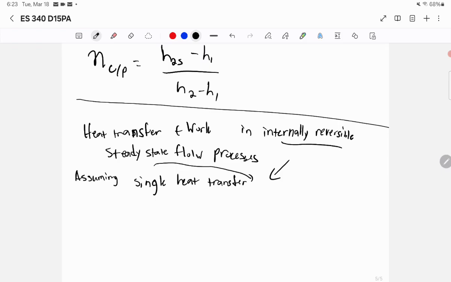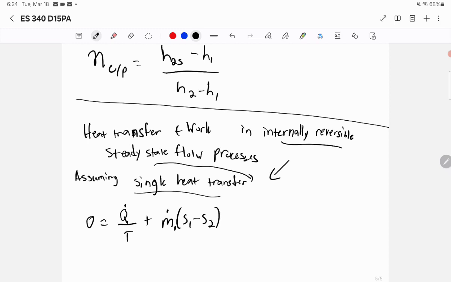If I assume all of those things, if it's internally reversible, and there's only a single heat transfer, Q dot over T, which is that T, by the way, is the temperature at which the heat flow is happening, zero is going to be equal to this plus m dot (S1 minus S2).